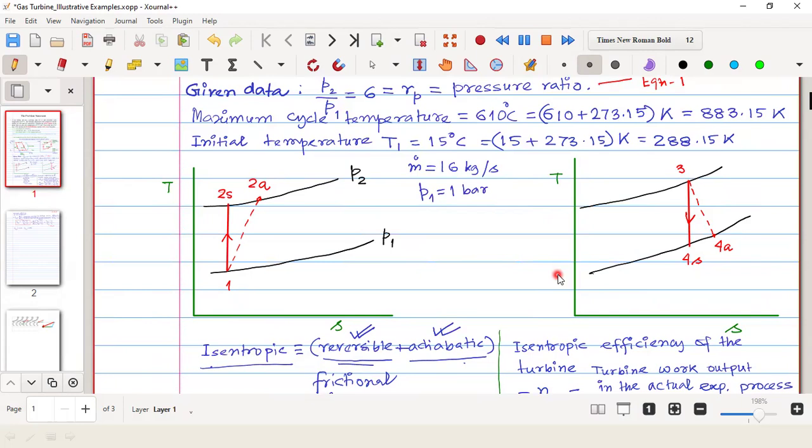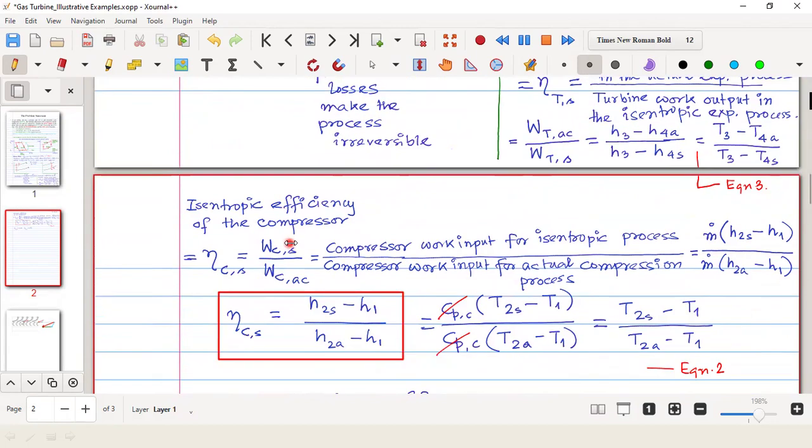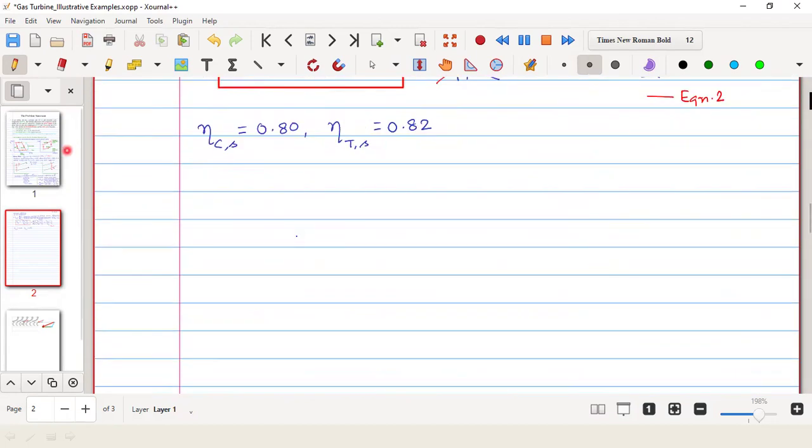Next, what is to be determined? To be determined are power output of the plant, what is that?